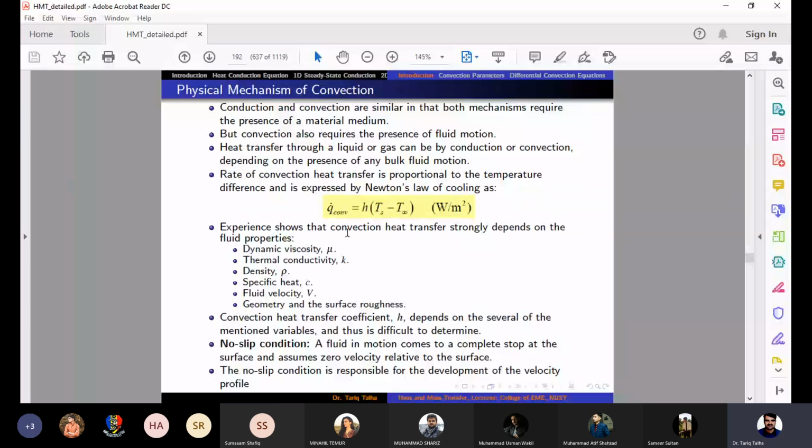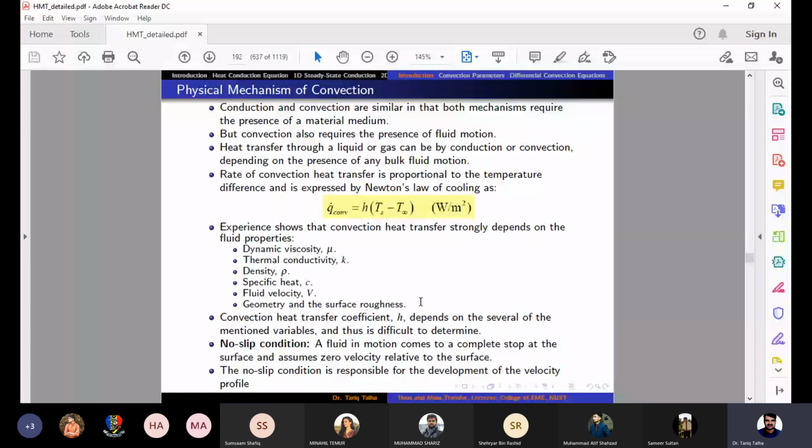As we discussed, here in convection the major challenge is to calculate the value of H. Now H is a flow property as well as fluid property, and it also depends upon the geometry on which the flow is happening, whether it is internal flow or external flow, or there is surface roughness on the solid surface.